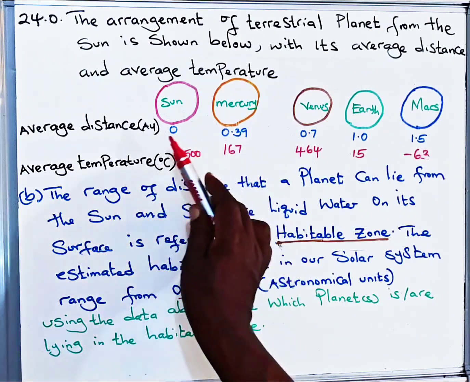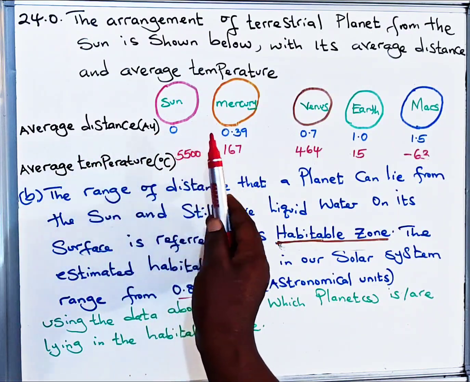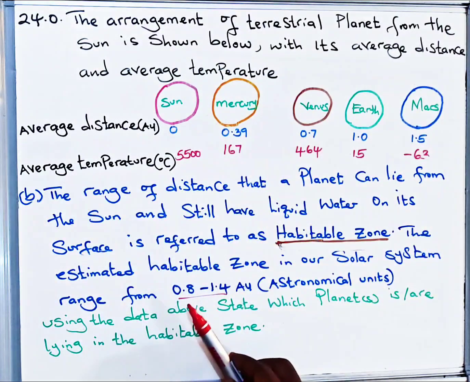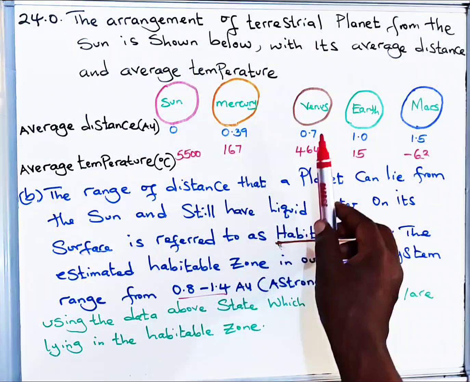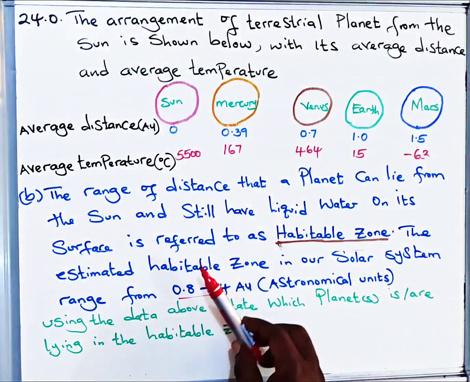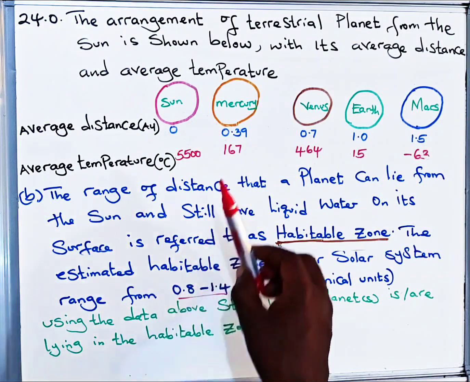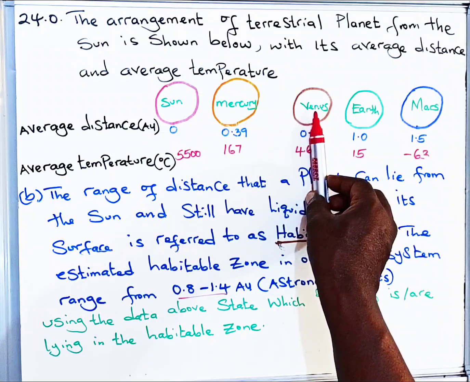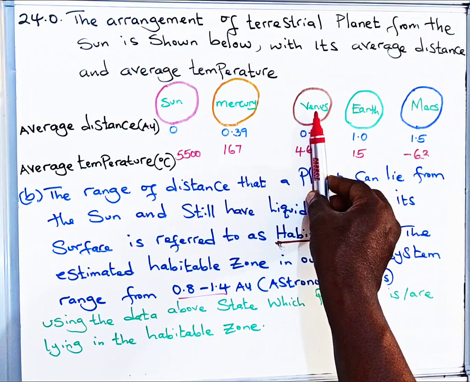So where do you go? In our data, you go to average distances. This one is 0.39, short of 0.8. Next one is 0.7, which is also short of 0.8. Which means that Mercury and Venus are lying outside the habitable zone.